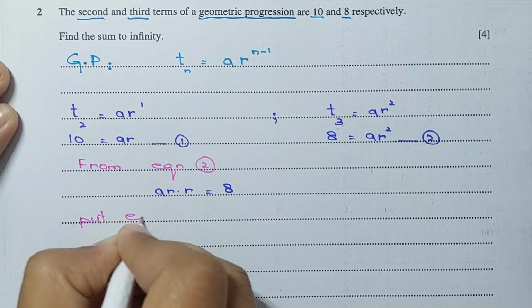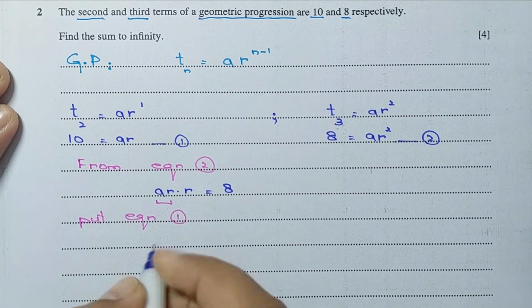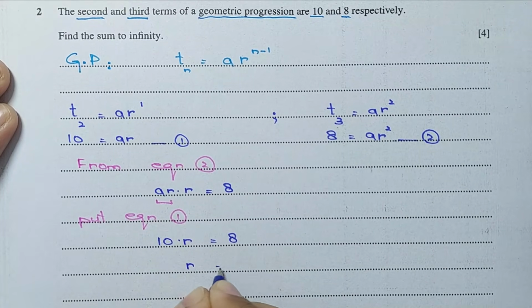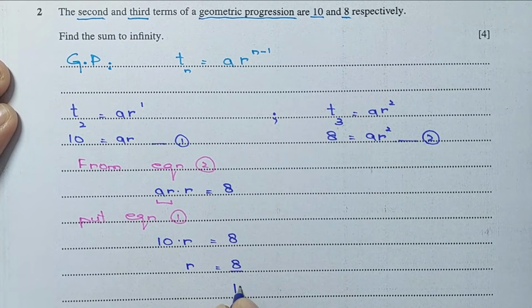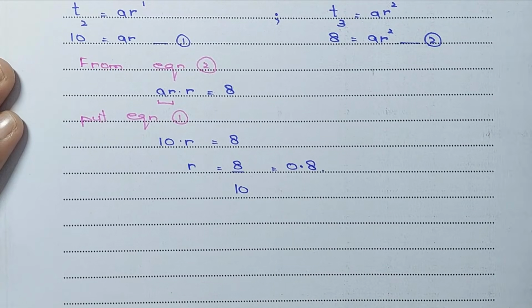Put equation 1 here, the value of a r, which is 10. So 10 times r is 8, and r would be equal to 8 over 10, and that is 0.8. The r value is 0.8.